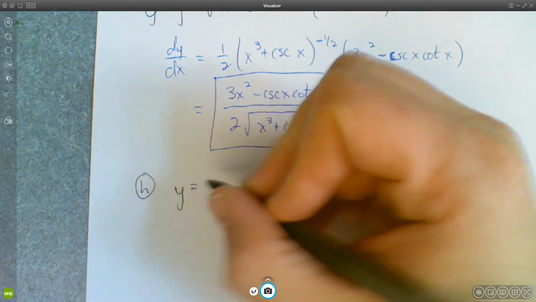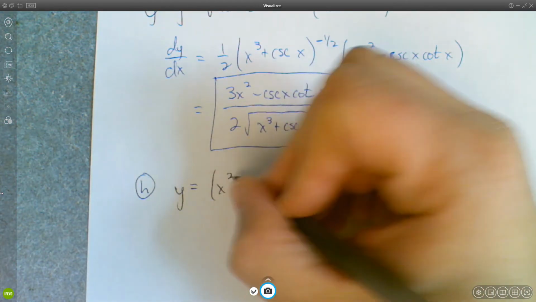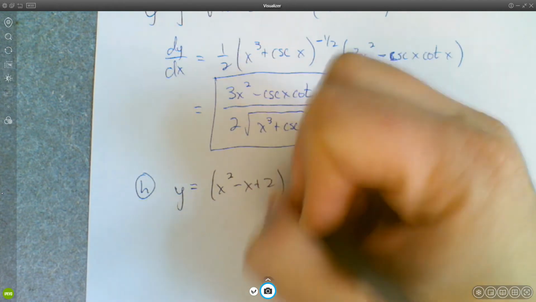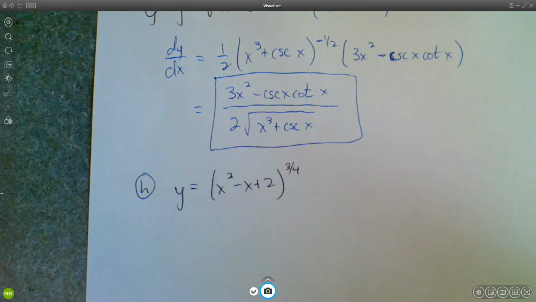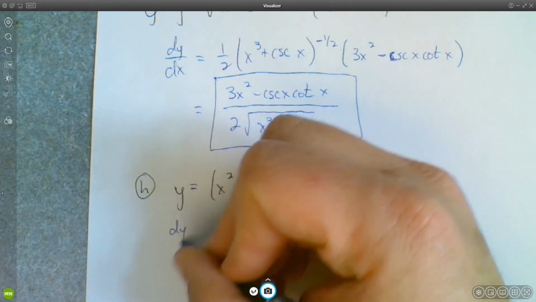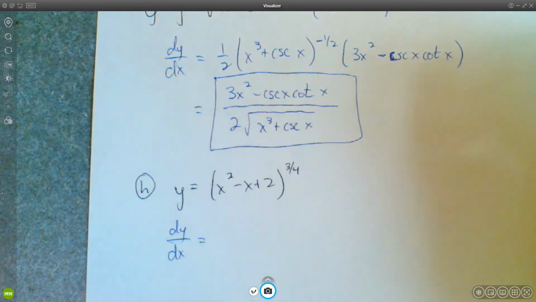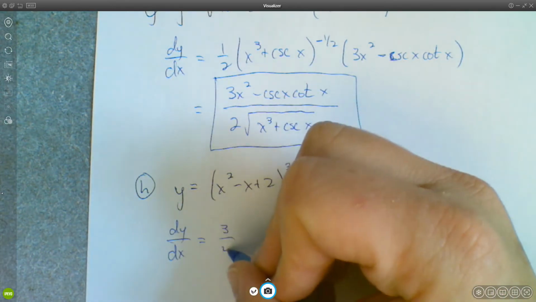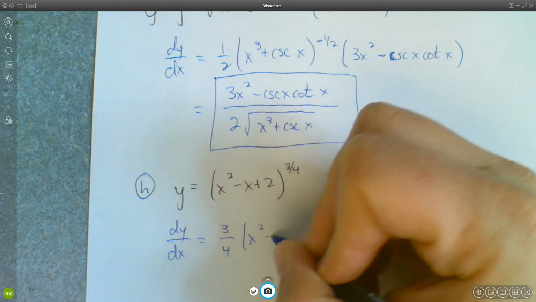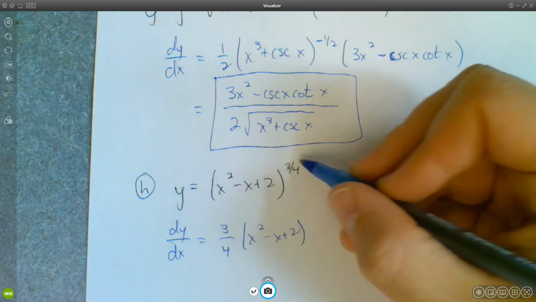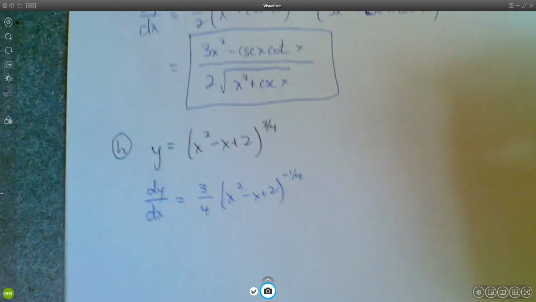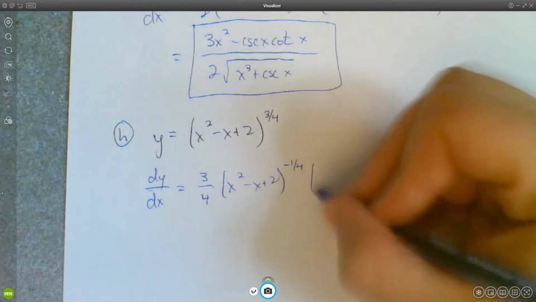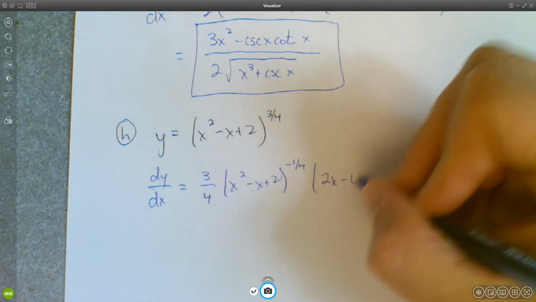Let's do y equals x squared minus x plus 2, to the 3/4 power. Okay, so this is going to be 3/4 times x squared minus x plus 2 to the 3/4 minus 1, which is negative 1/4, times 2x minus 1, right?